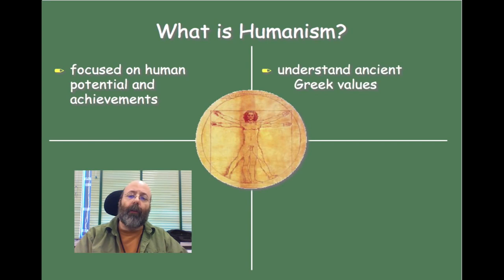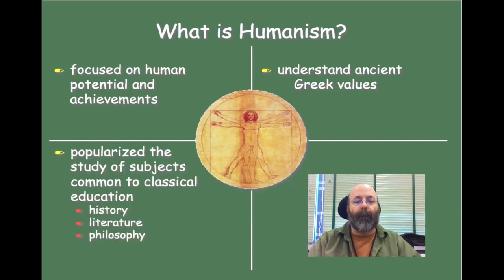It also had to do with understanding ancient Greek values. So again, this is a rediscovery of the ancient Greeks, like people like Plato, Socrates, and Aristotle, and people trying to understand that there was a different way to see things, and they were becoming educated, as opposed to the Middle Ages, where people tended to be illiterate and uneducated. Okay, it was also popularized by the study of subjects common to classical education.